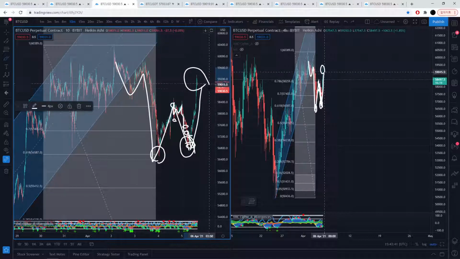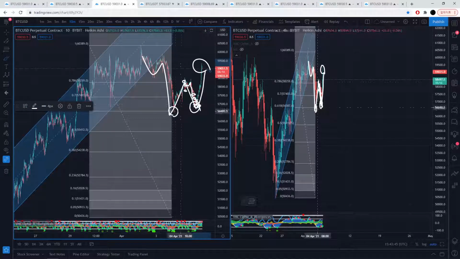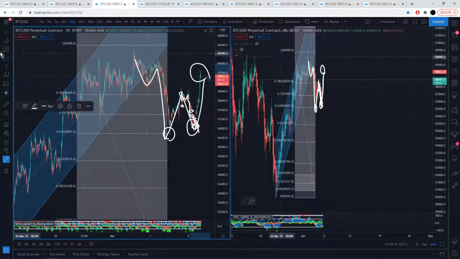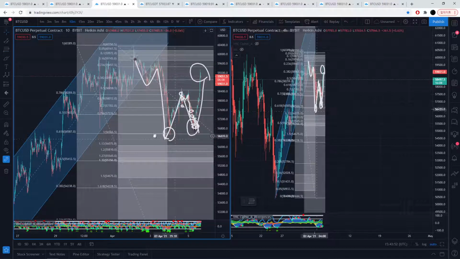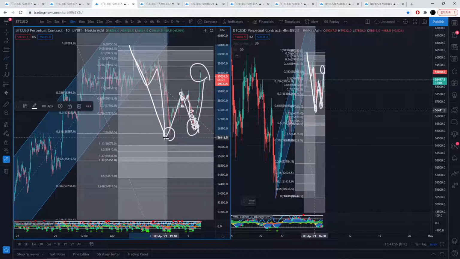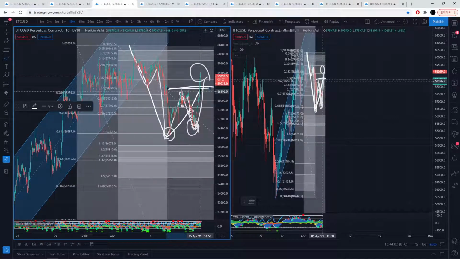This is higher than expected, meaning it's going to be a regular or running flat. Normally, regular would be 50 to 618 of the first wave. So if I just draw it simply, it would be up to here, get resisted, and go down as a C wave.